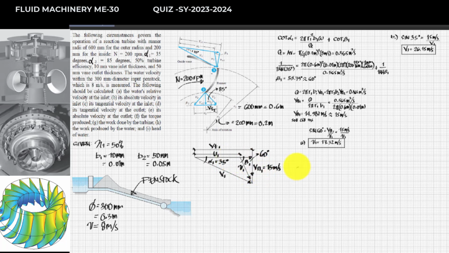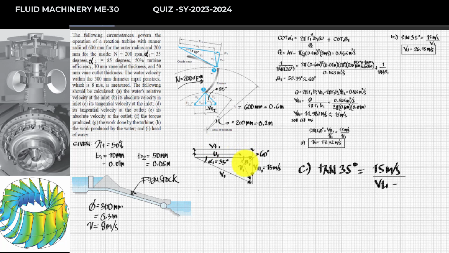So for letter C, I have my tangent of 35 degrees, which is equal to my opposite, 15 meters per second, all over divided by the value of my adjacent, the tangential velocity t1 minus the other part.